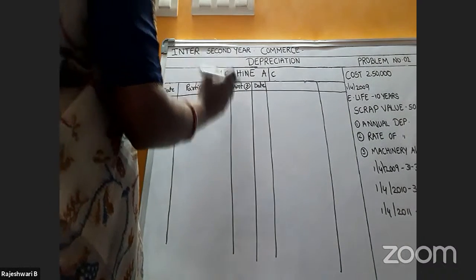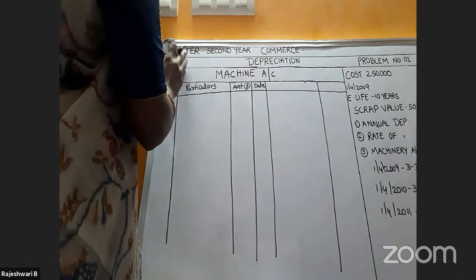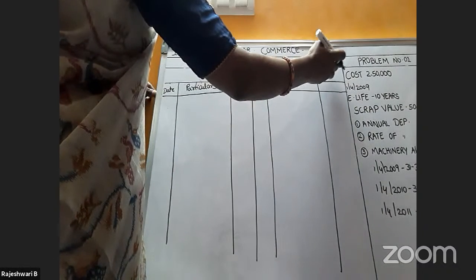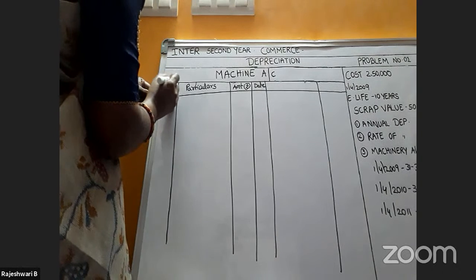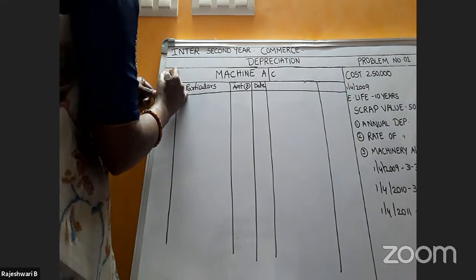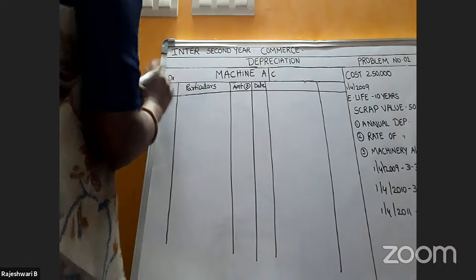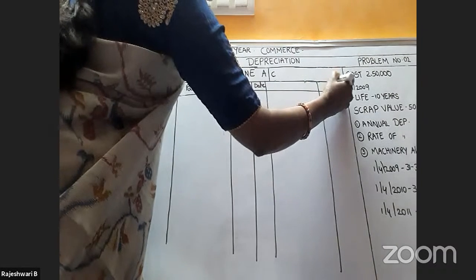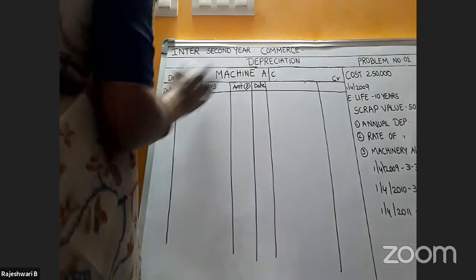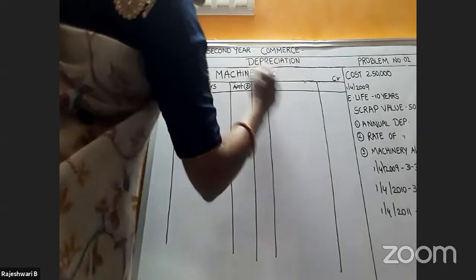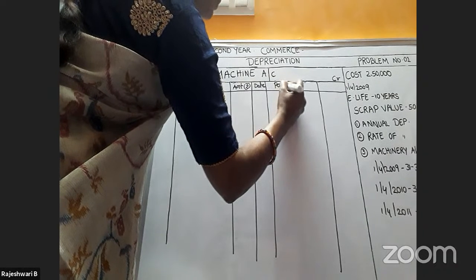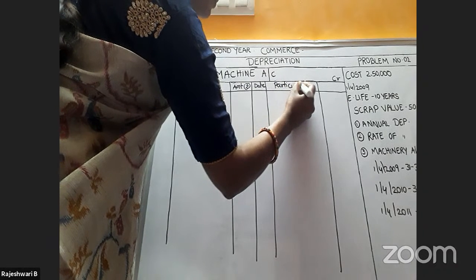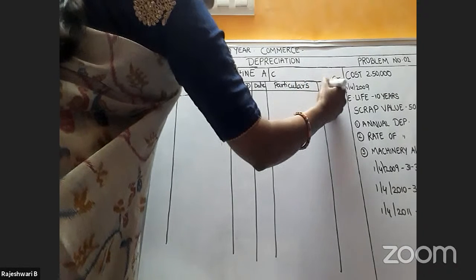One half of this side, debit side, we will consider this as the credit side. Debit, we will denote that as DR. DR means debit. CR means credit. Debit side and credit side. Credit side: date, particulars, amount, rupees.